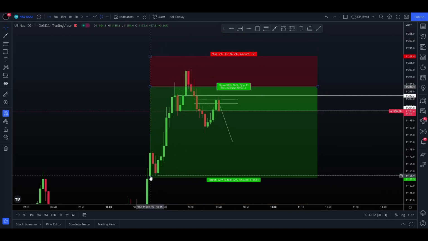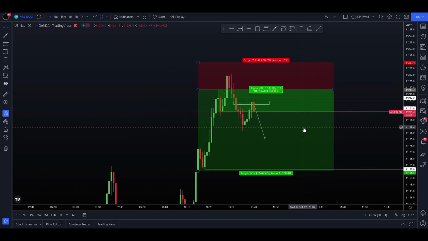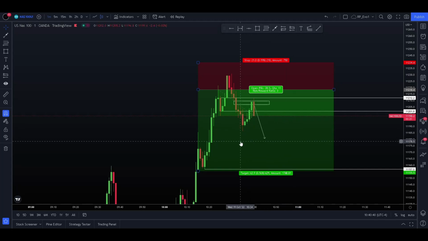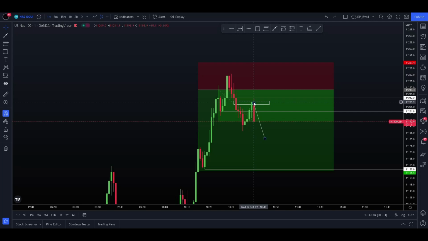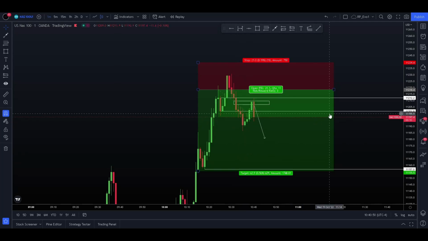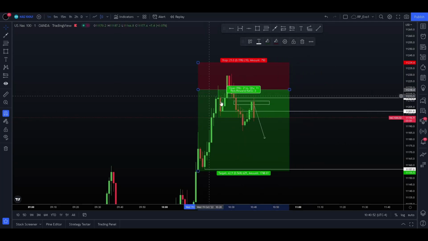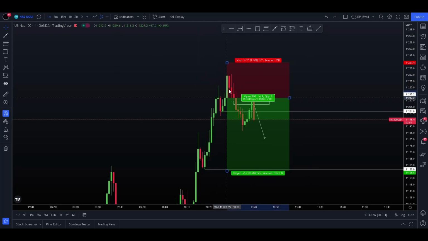So where are we in 343R? We've been in this trade so far for about 12 minutes. And why this here?